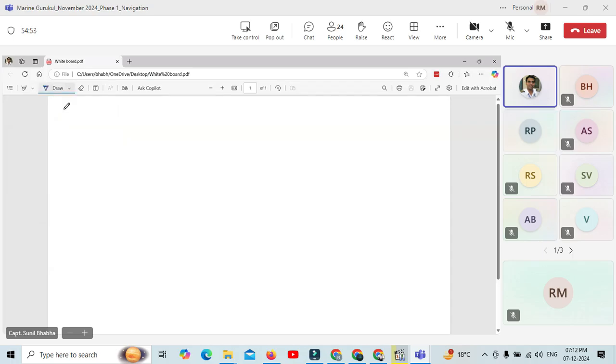Tell me, beta, what are the latitude and longitude? Initial is 42 degrees 53 minutes south and longitude 147 degrees 20 minutes east. I'm just taking the degrees to keep it simple.